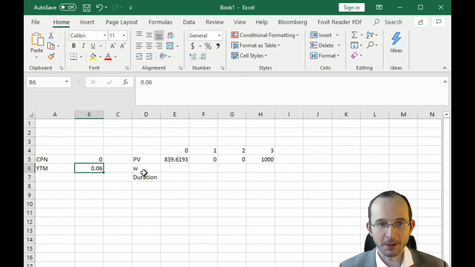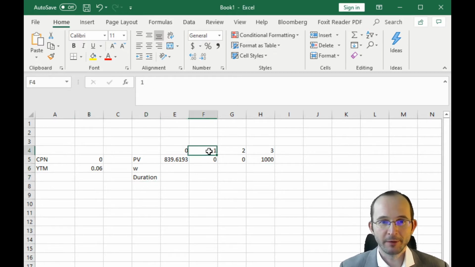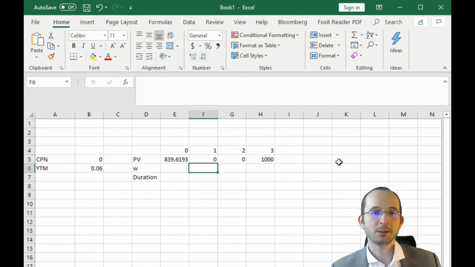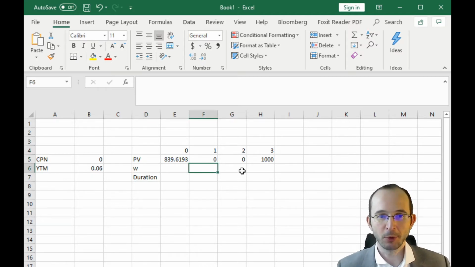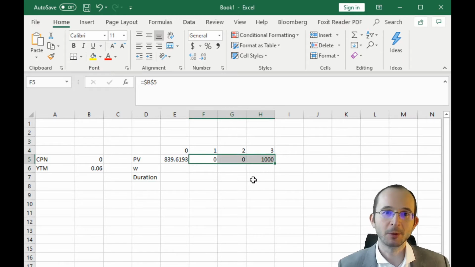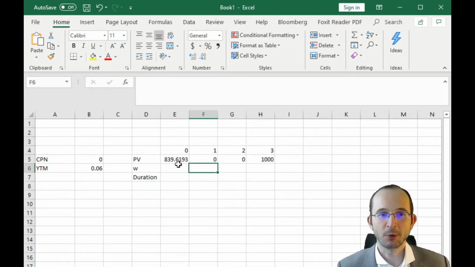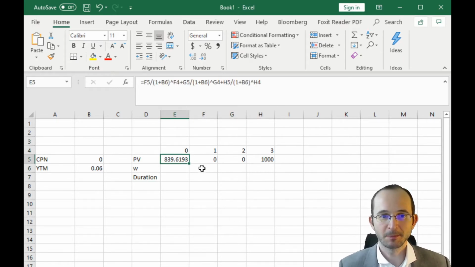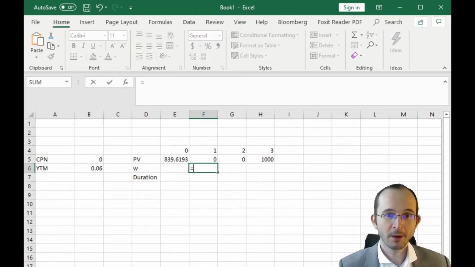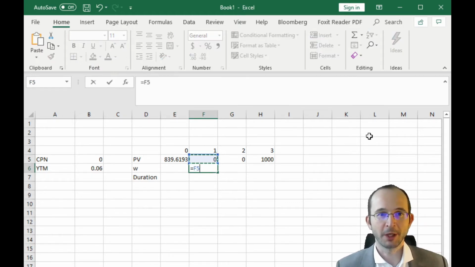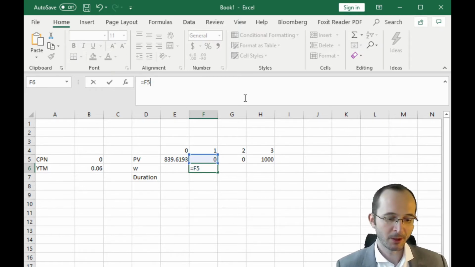Now if we wanted to calculate the duration, we have our maturities of the cash flows right here. What we need to do is assign to them these weights. Remember, the weights are going to be the proportion that each cash flow represents as a portion of the bond's price. So if the year 1 cash flow is 0, what is its present value, first of all?